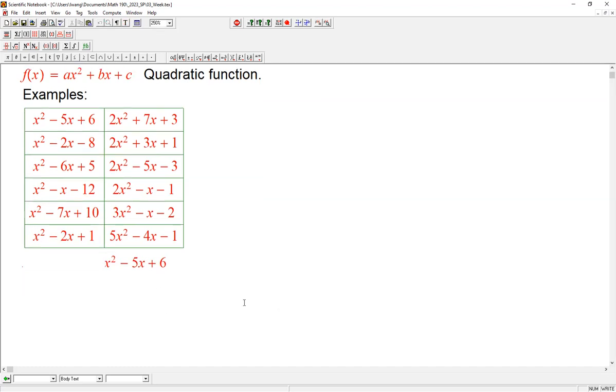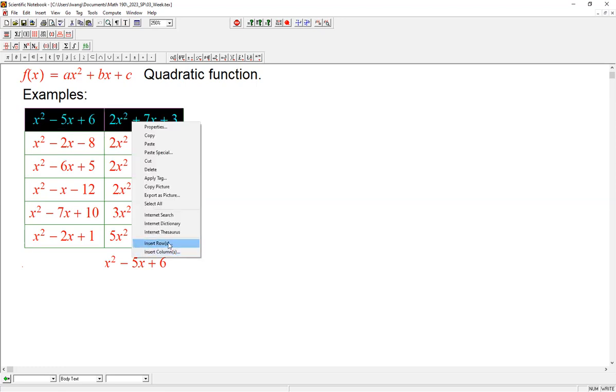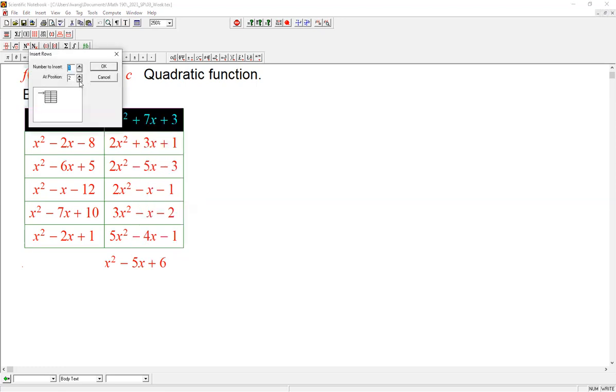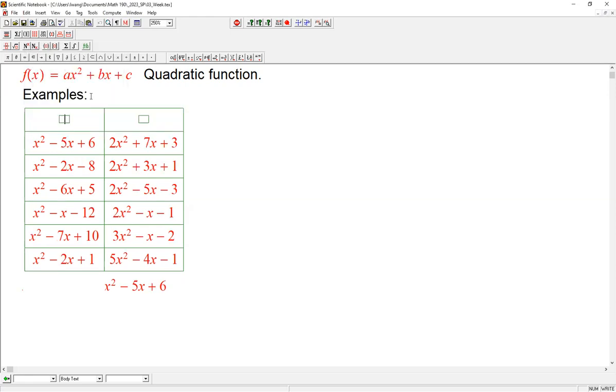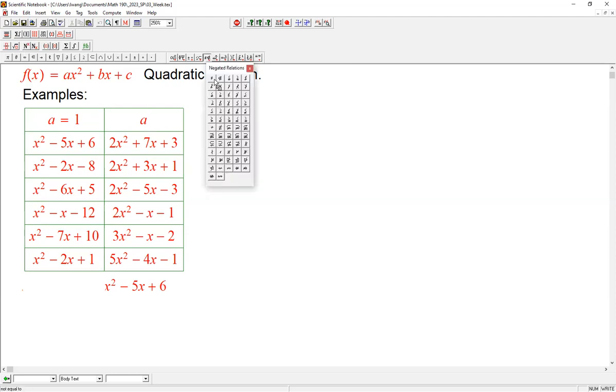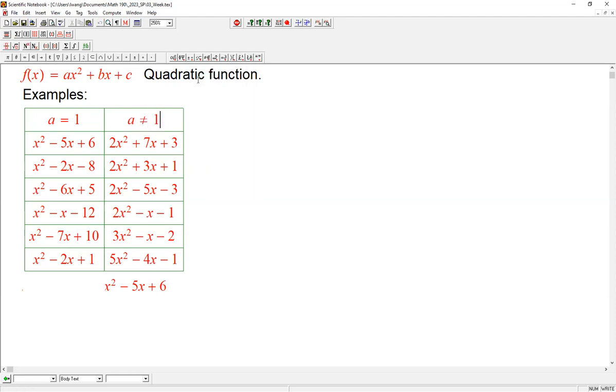So I'm going to show you how it works. When a equals 1, I'm going to put a row here, and this is the case of a not equal to 1.